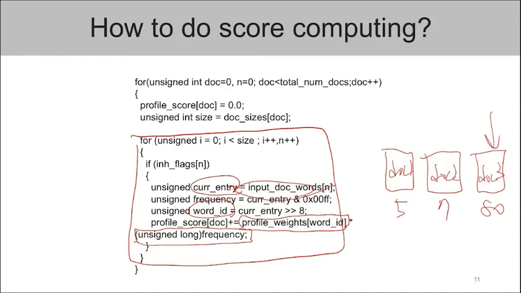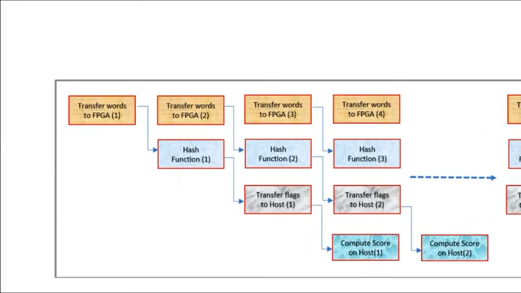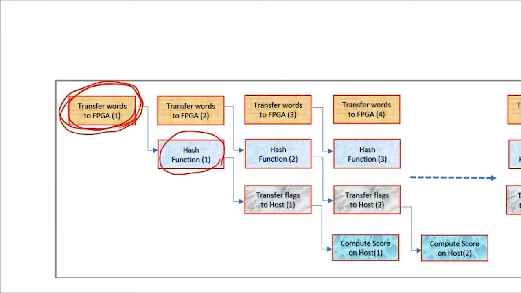So since we already saw the two main functions, here is the overall design view. First, we transfer our document, which is the input, to FPGA memory. Then we start the hash function, and we get each word.